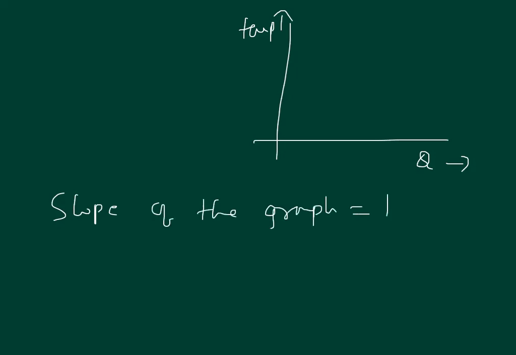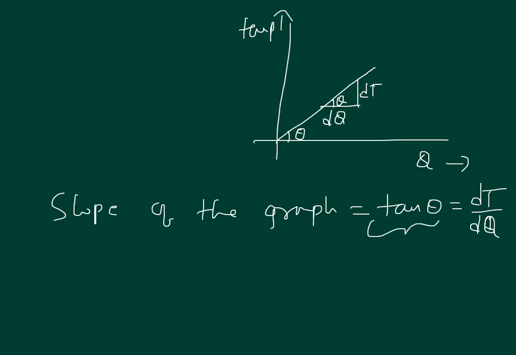Tan theta is the difference in the y-axis by the difference in the x-axis. The y-axis is temperature, so a small difference in temperature by the difference in heat energy, because this is called the slope. Here the temperature difference, let me take it as dT, and this is dQ, and this angle is theta. The slope of any straight line graph is tan theta.